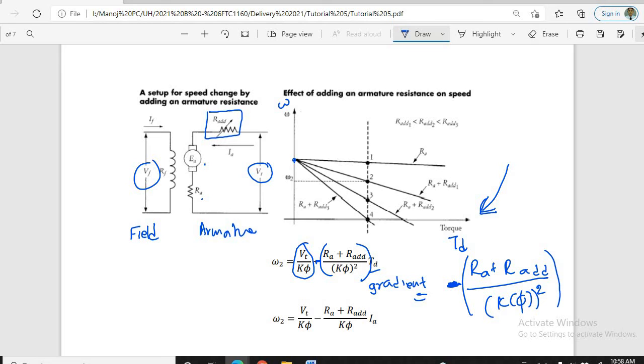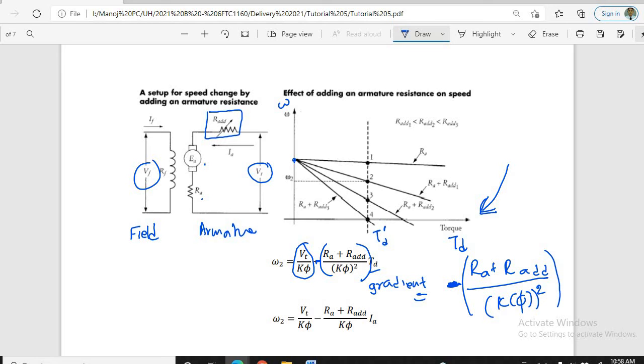For a given torque, let's say at this point the torque is constant, TD dash. So the torque value is TD dash at this point. Can you see how the omega value, or the speed, changes with the addition of the resistance? What will happen to the omega when we increase the resistance R add?